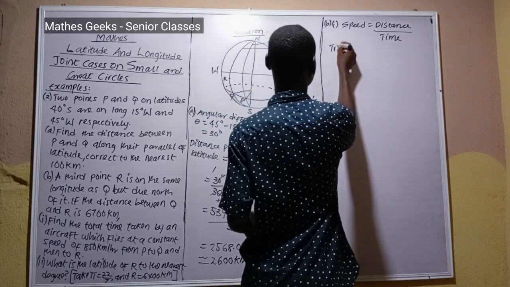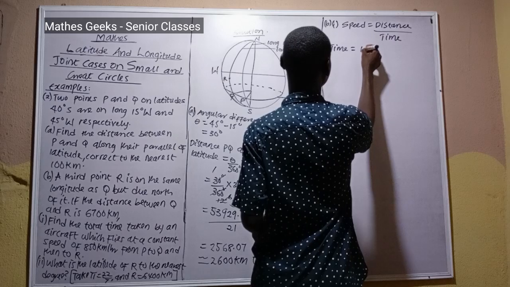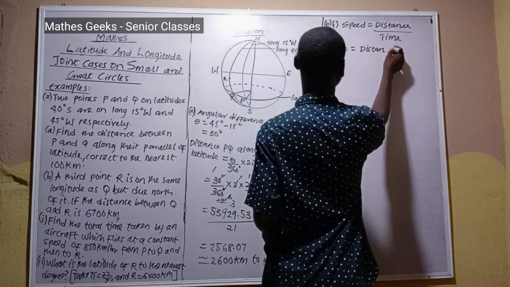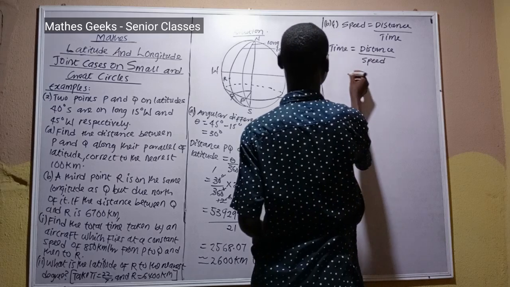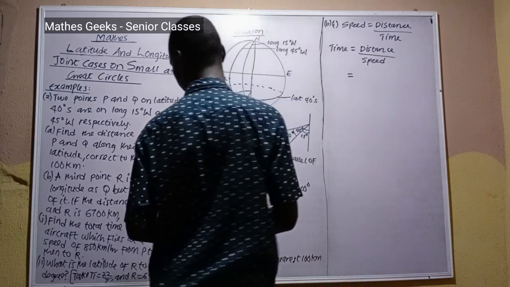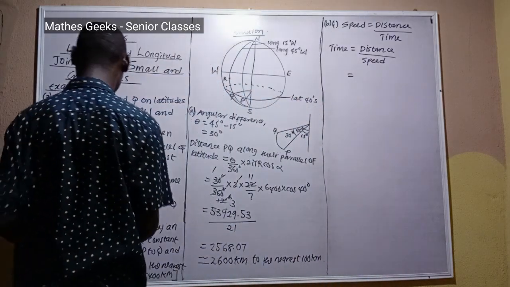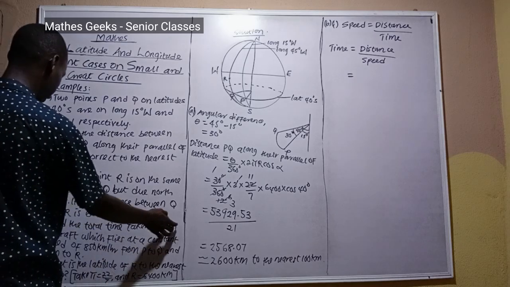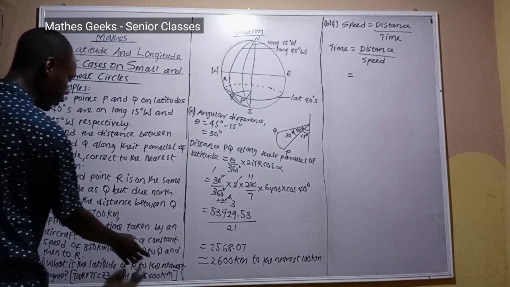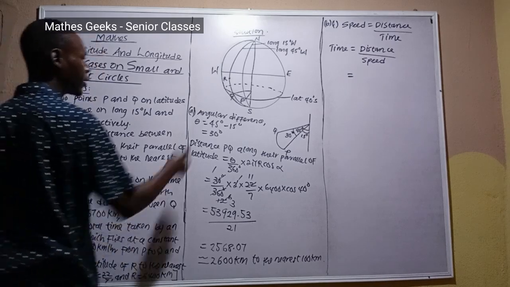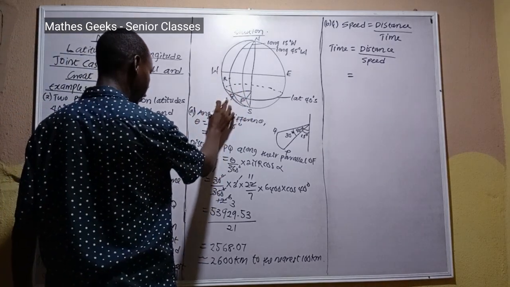So time is equal to distance over speed. So we're going to look for the distance from P to Q first.